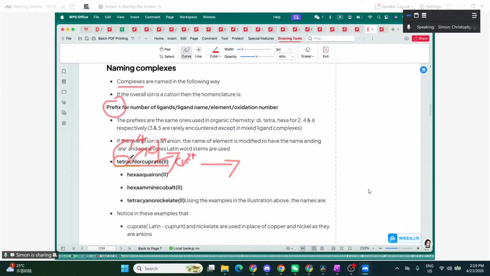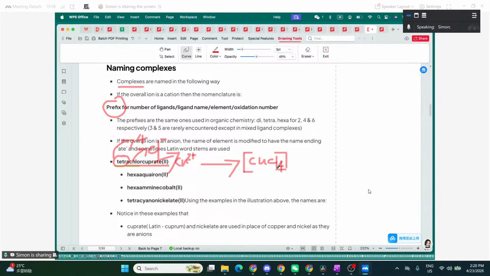The first prefix, tetra, is representing the four. The number is four. The chloro is representing the chlorate ions. The cuprate represents the copper ion, 2 plus. So the final formula is like this: there are 4 chloride, and here's the copper.